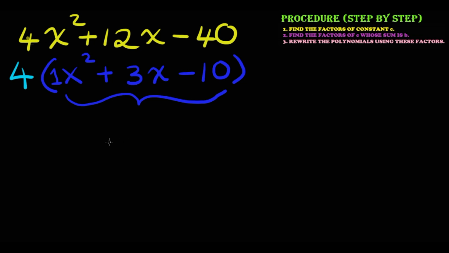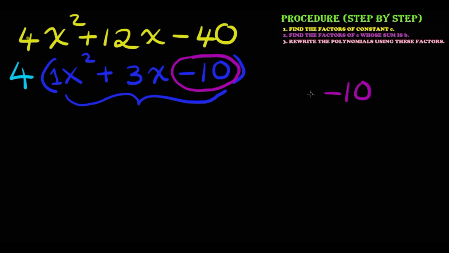Which of these coefficients is your c? Well, if you pick negative 10, you're right. So c is negative 10. So we're going to write negative 10 over here. That's step number 1.